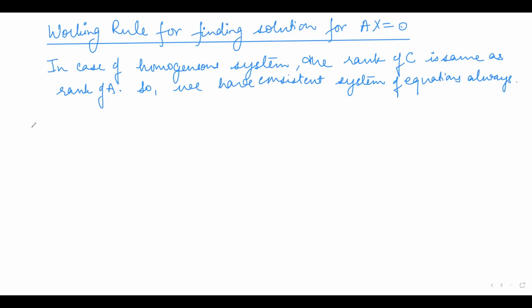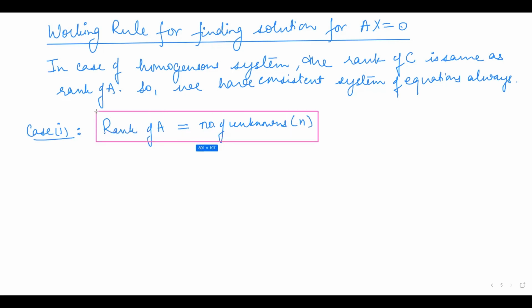But we have two different cases where we'll be talking about the number of unknowns. Case 1, where the rank of A is equal to the number of unknowns. If we have this, then there is a trivial solution.